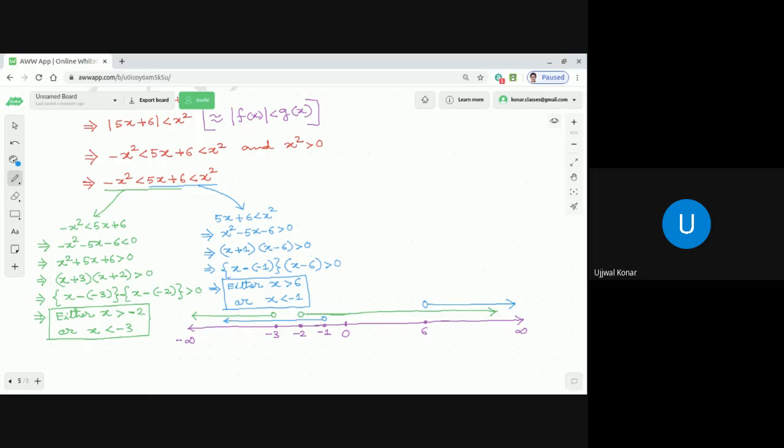Now, drawing this number line gives us confidence that we need to take the intersection, where both the green line and the blue line are there. Tell me what are the intervals where both lines are present. One is from −infinity to −3, then the next is −2 to −1, and then again 6 to infinity. Correct, dear students?